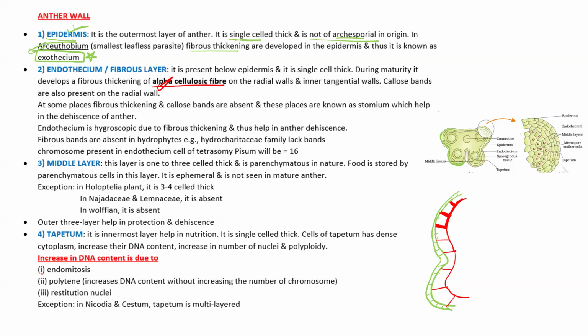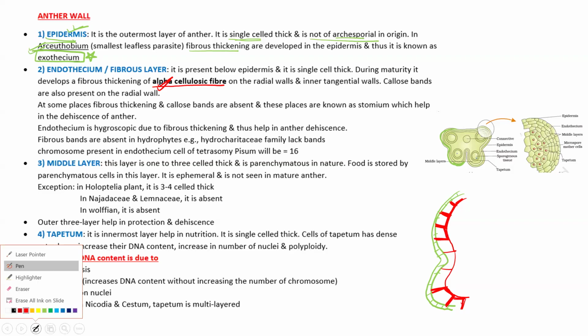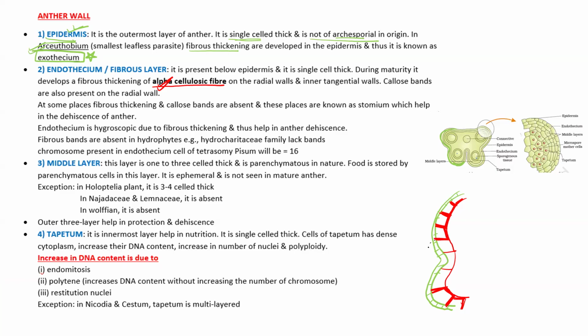Clear? And this is present in all areas except the weak area, which is known as the stomium. Stomium is also known as the line of dehiscence. If you see in this diagram, I have left this area as a weak area. This is the line of dehiscence, also known as stomium.